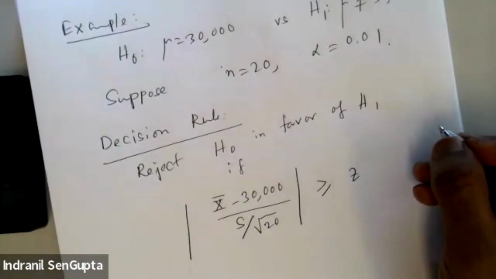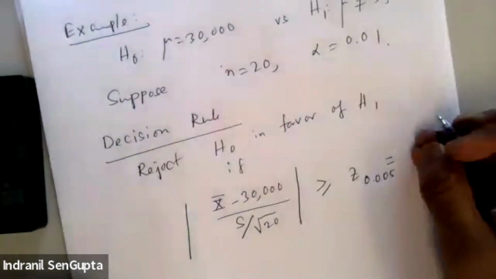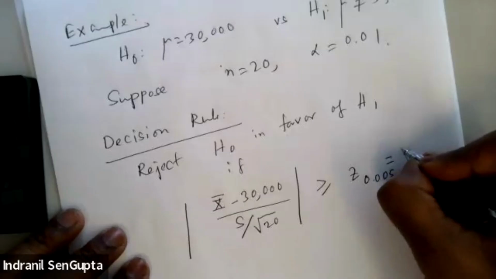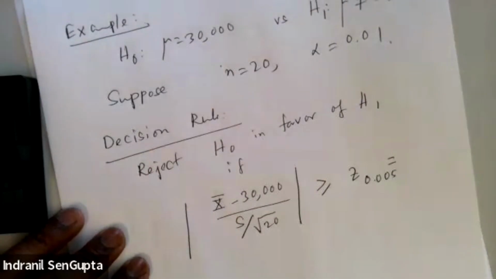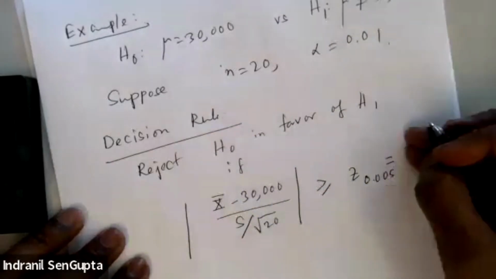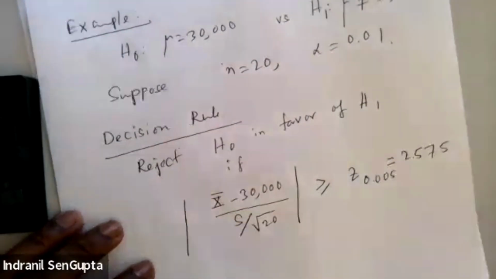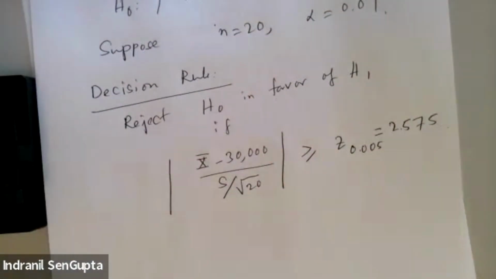This is 0.005, which gives 2.575 from the table or from the link that I provided you. So that is the decision rule.